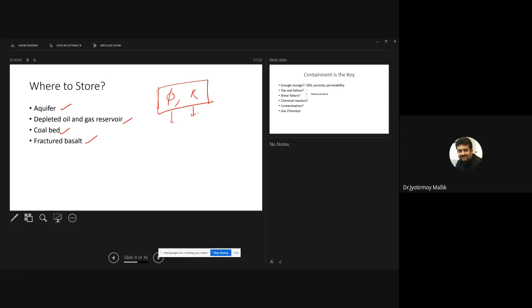In oil and gas you had to think that you had to take things out, and in CCS you have to put things back inside the ground. But the basic technologies and the basic knowledge that you require for CCS is very similar to what you need for the oil and gas industry, right? Which we have already discussed in our coal geology as well as petroleum geology classes.